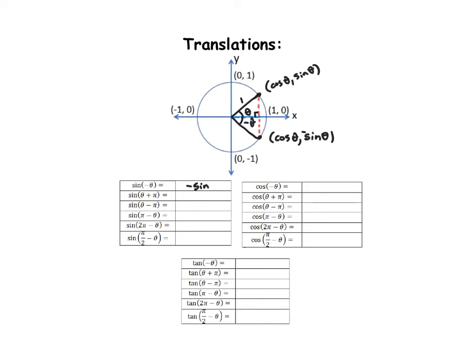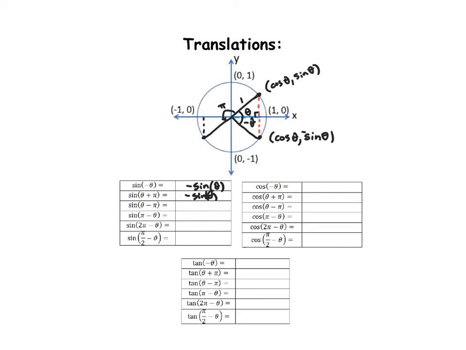Therefore, sine of negative theta is equal to negative sine of theta. Okay, so sine of theta plus pi. Well, the sine of theta plus pi would be down here. I've added pi units to theta. Therefore, again, we would get negative sine of theta.